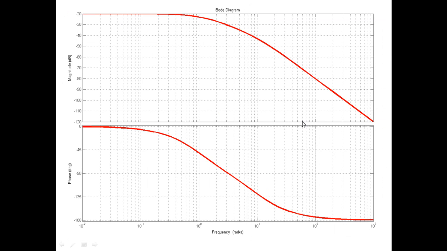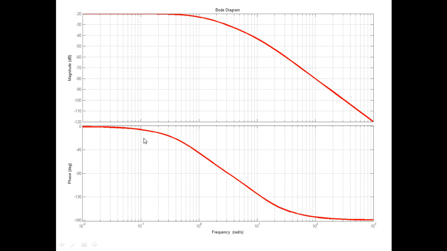Here is the actual Bode plot of the transfer function, as you see here. For the magnitude, before omega c equal to 1, I have the amplitude of minus 20, and after that, I have almost a straight line with the slope of minus 20, and after 10, I have a straight line with the slope of minus 40.